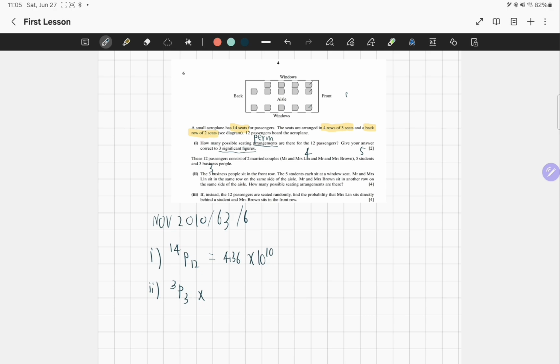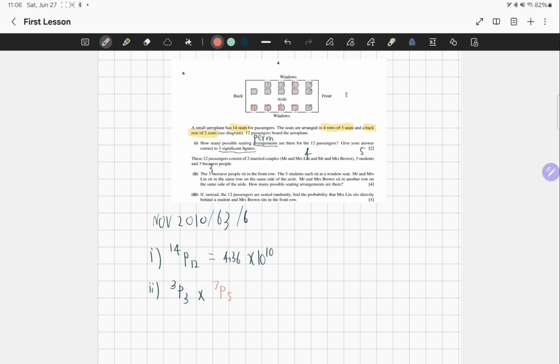So this is where most students make their mistakes, including me. So there are currently how many window seats? One, two, three, four, five, six, seven. Okay, so there are seven window seats. There are five students. Most students just do 7P5. Without further reading, what does the next sentence say?